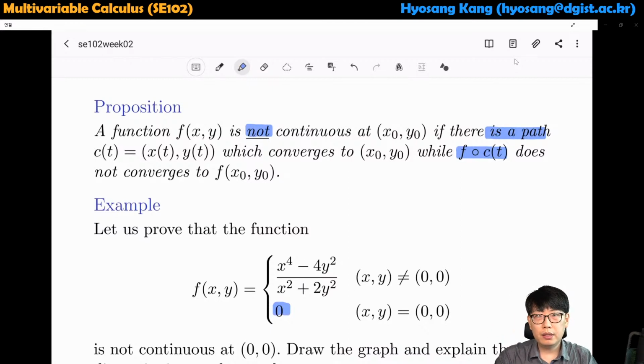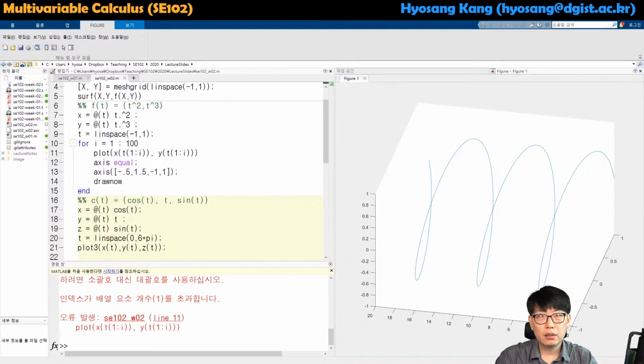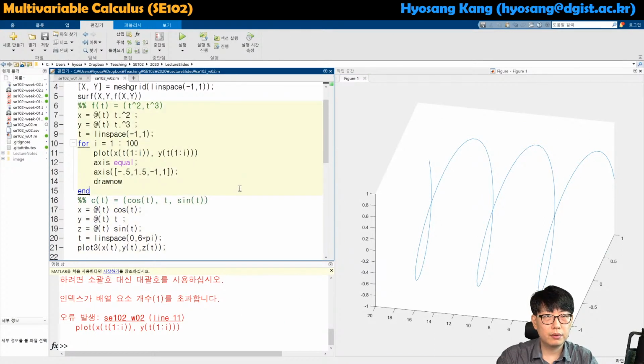So let me give you a picture of this surface. Let's draw this here.